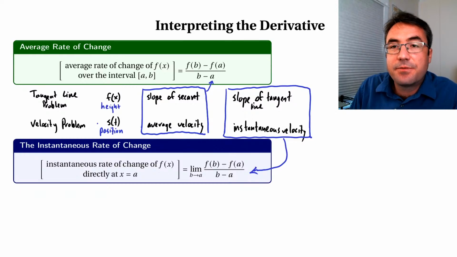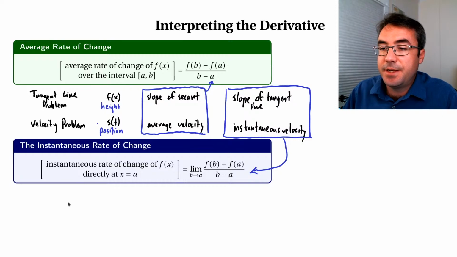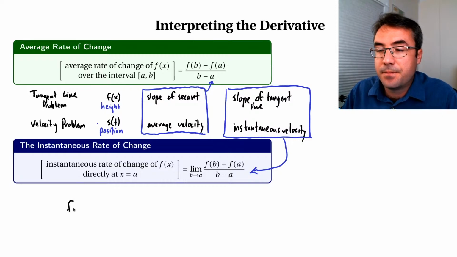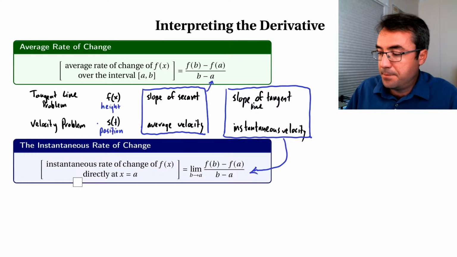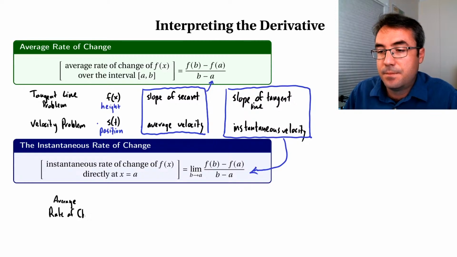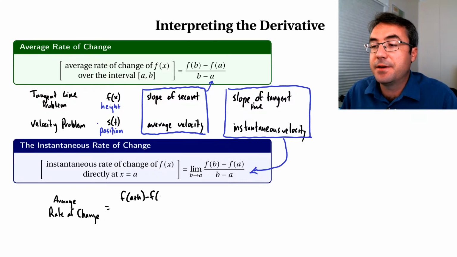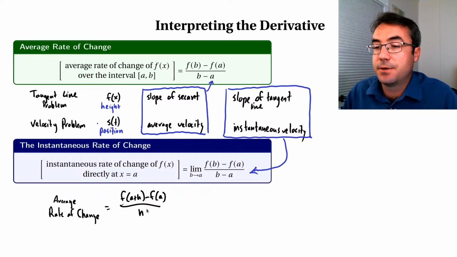And then we also saw before another way to define these, which is just to convert it into f of a plus h minus f of a all over h.